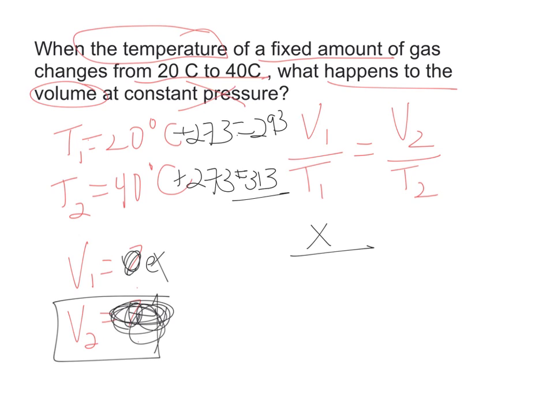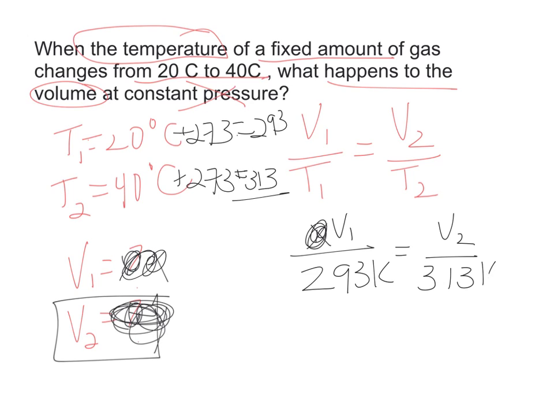I'm going to leave these as V1 and V2. So we're going to have V1 divided by 293 Kelvin equals V2 over 313 Kelvin.